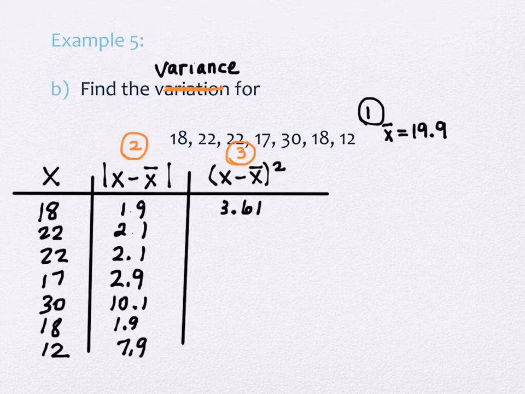Okay. Yeah, 3.61. How about 2.1 squared? 4.41, and we've got 2 of those. How about 2.9 squared? 8 point what? 41, all right. 10.1 squared.